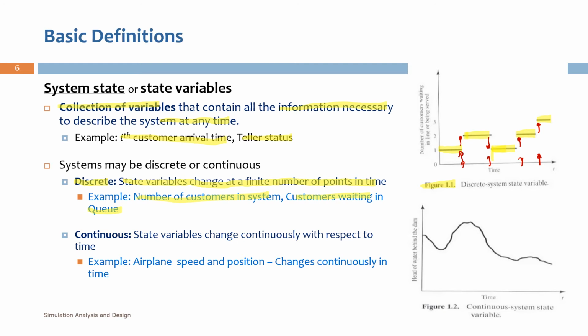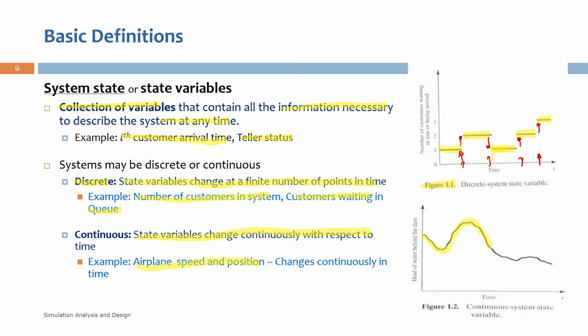But if the state variable changes continuously over time, then we call that system a continuous system, like airplane speed and position. The position of the airplane and its speed change continuously over time. It's not discrete. And the graph for the system state could be like this.